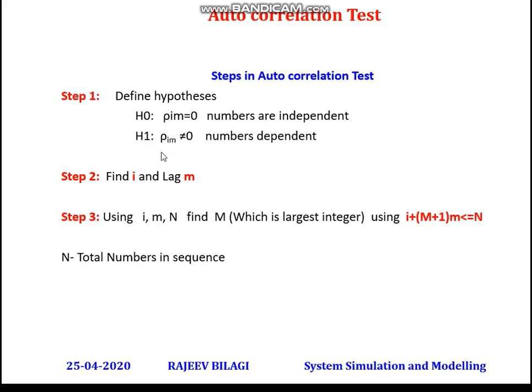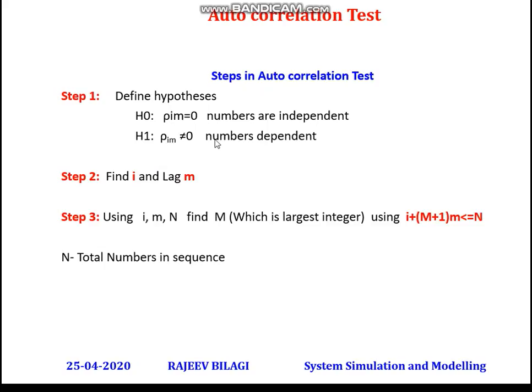Step number one is to define the hypotheses, H0 and H1, as we have seen already in the previous testing techniques. The second step is to find i and m. How are you going to find the values of i and m? It will be given in the problem, like in the given sequence of random numbers, the fifth number, 10th number, and 15th number are also correlated. So the first number is the fifth, that is, i becomes 5.